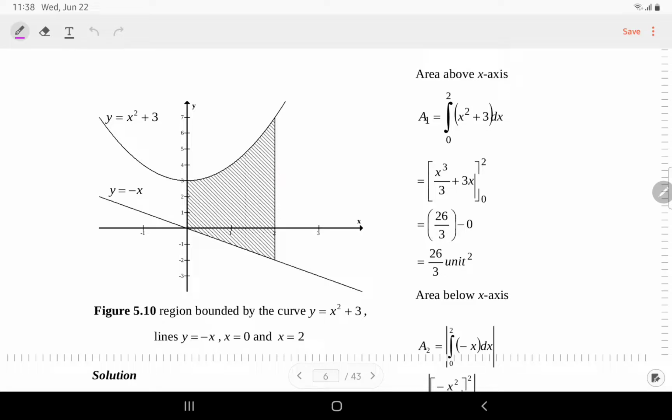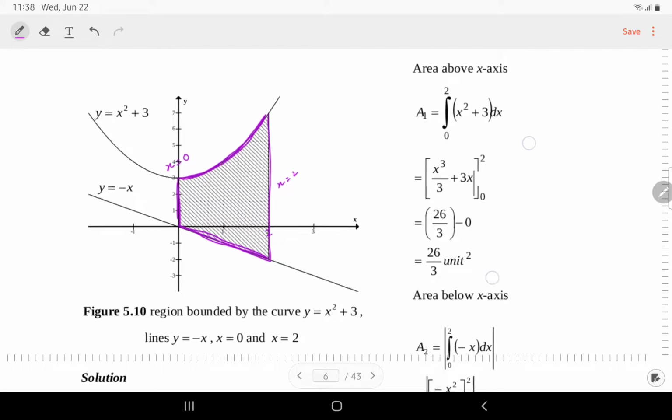Okay, so this shaded region is bounded by this curve, which the function is y equals x square plus 3, and also bounded by this line, which the function is y equal to negative x, and also bounded by this line, which is x equal to 0, and this line, x equal to 2. Okay, so kita tengok dekat sini.